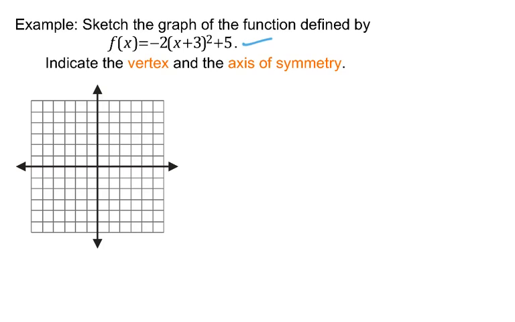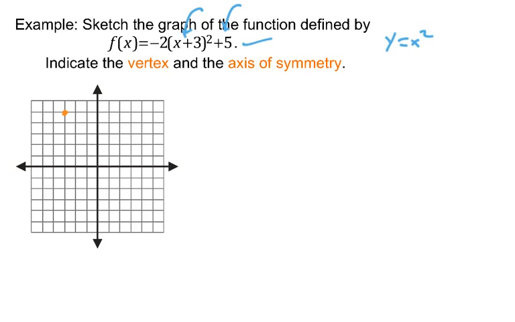The plus 3 that you see right here is going to tell you that the origin of the parabola, usually 0, 0, is going to shift 3 units to the left, and the 5 is going to tell you that it shifts 5 units up. So the plain vanilla squaring function y equals x squared would have its vertex at the origin, but we're going to shift that 3 units left and 5 units up, and that puts it right there.